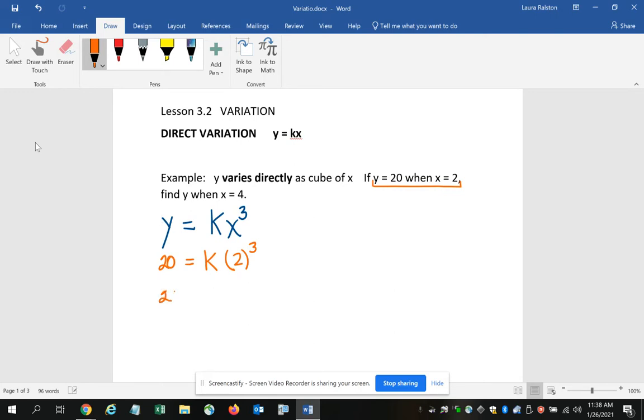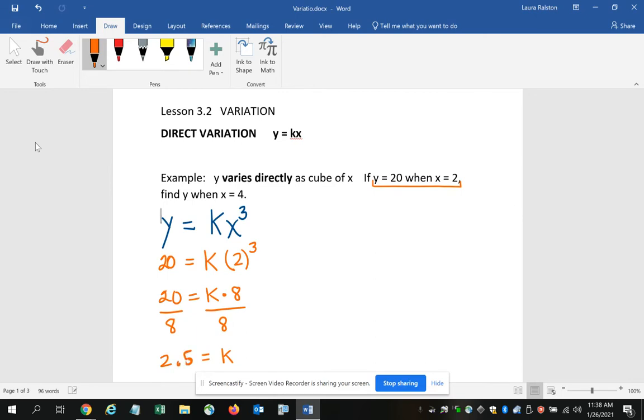So doing the math, 2 cubed is 8, so I have k times 8. I'm trying to solve for k, so I divide both sides by 8, and I end up with a value of 2.5.